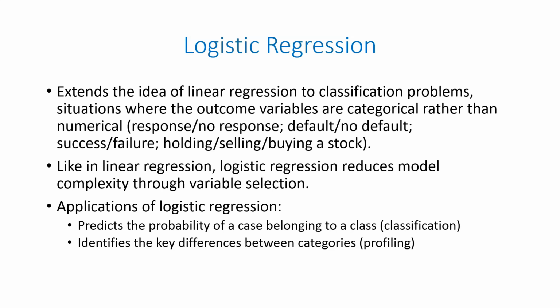There are generally two types of applications for logistic regression: classification and profiling. Most of the applications belong to the classification category, where we use the model to predict the probability of a case belonging to a class. As with many other classification techniques, the logistic regression model would generate a probability of the case belonging to the target class.